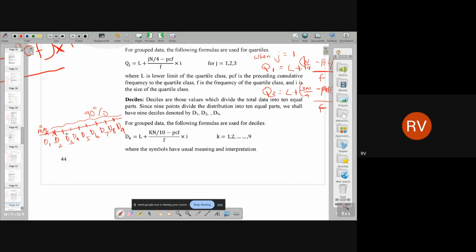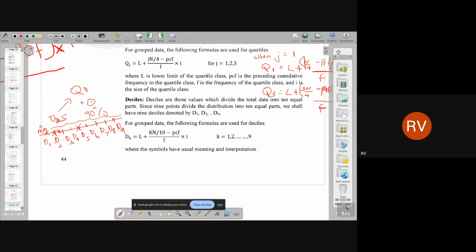These percentiles, deciles and quartiles are positional averages. They stand for a position. D5 is the median. D25 is the first quartile, Q1.